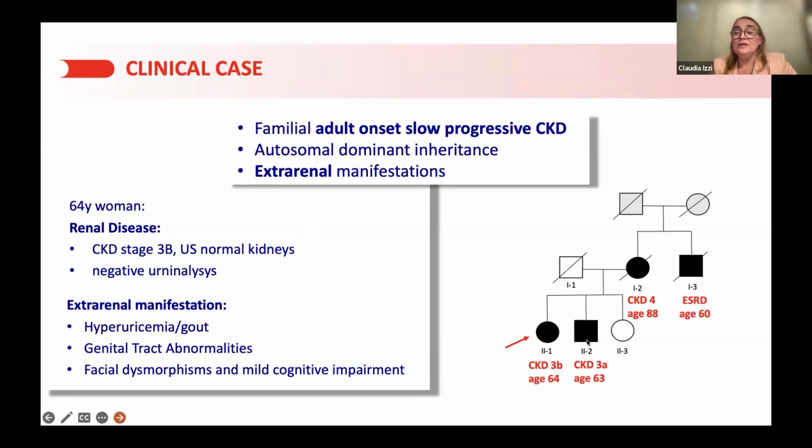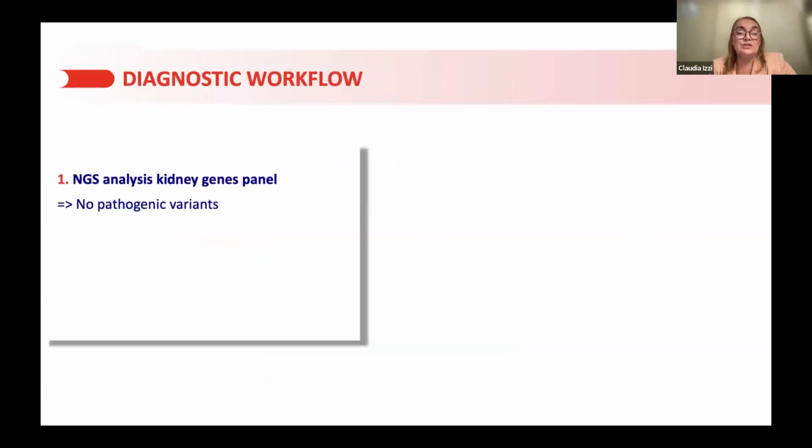And what you can see from the family tree is that there is an autosomal dominant, adult onset, slow progressive chronic kidney disease with extrarenal manifestations. So we have performed an NGS analysis of a very large kidney genes panel, about 400 genes, but no pathogenic variants were identified.